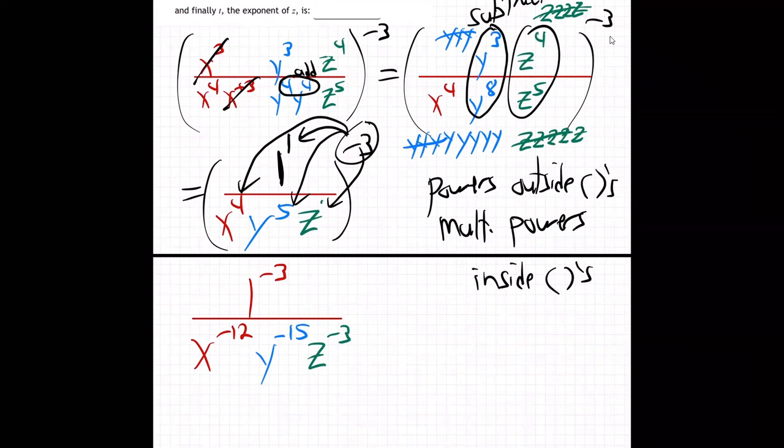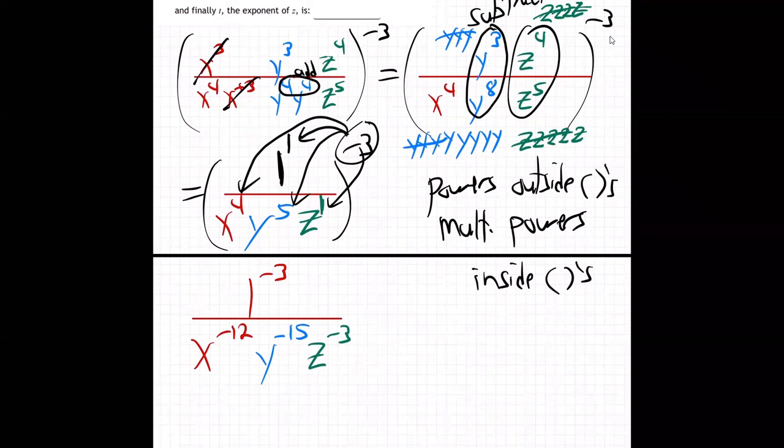And that Z had an invisible 1 power, didn't it? So again, just like the 1 on the top had an invisible 1 power, whenever a number or letter is not showing its power, it really has an invisible 1 power. Okay, and the parentheses are gone now, right? Whenever something from the outside of parentheses goes in, we drop them, like water outside of a floodgate. When we drop the gate, the water goes in, no more parentheses, the power went in.